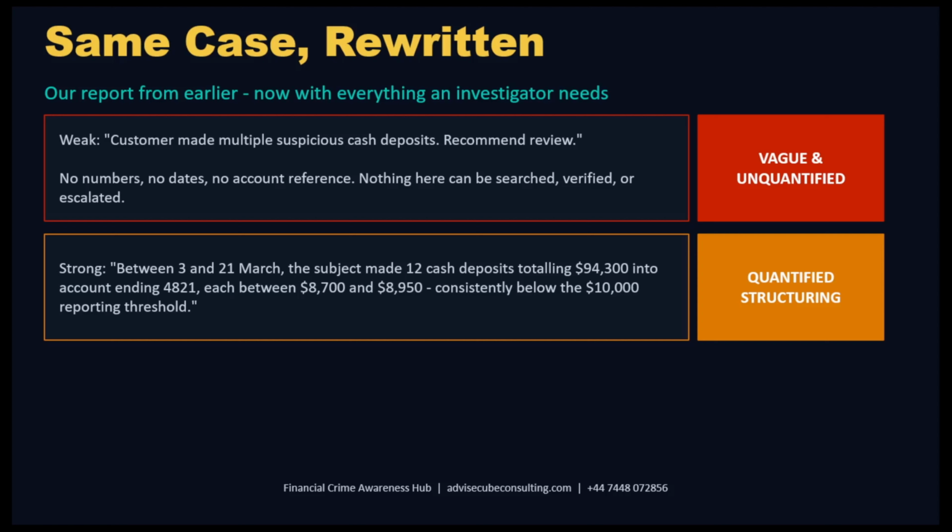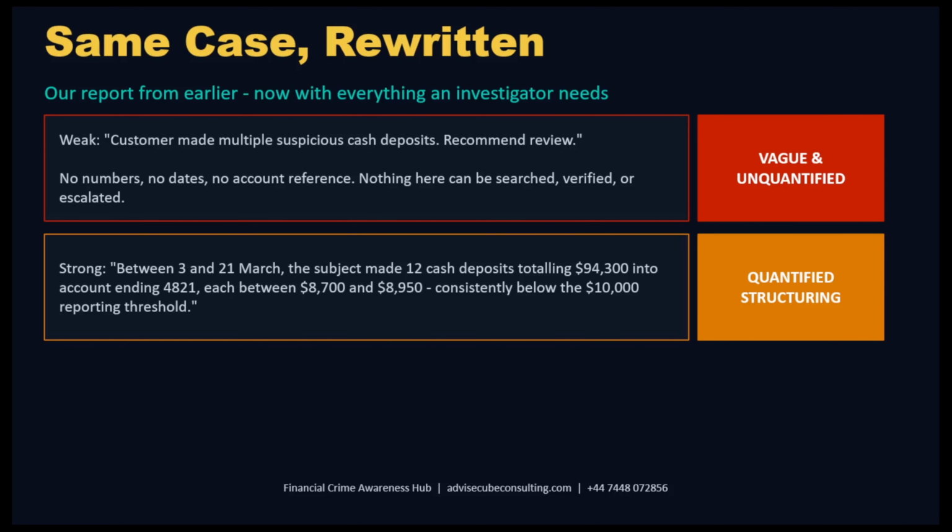Between 3rd and 21st March, the subject made 12 cash deposits totaling $94,300 into account ending 4821, each between $8,700 and $8,950, consistently below the $10,000 reporting threshold. That is quantified structuring. The investigators immediately recognize the pattern.